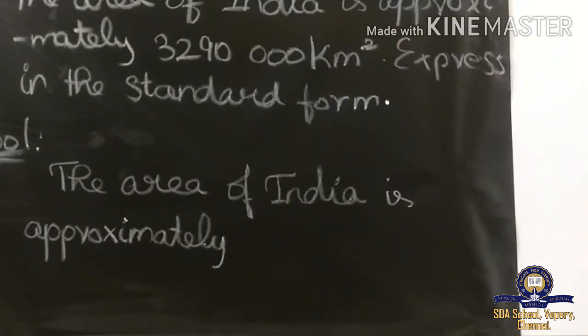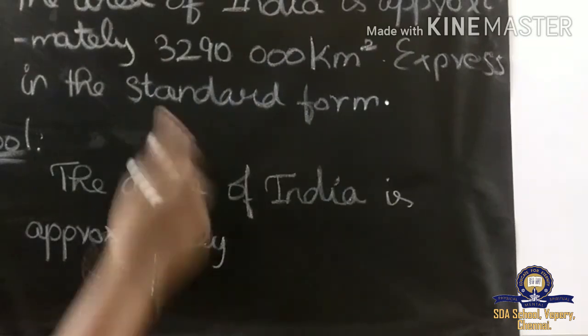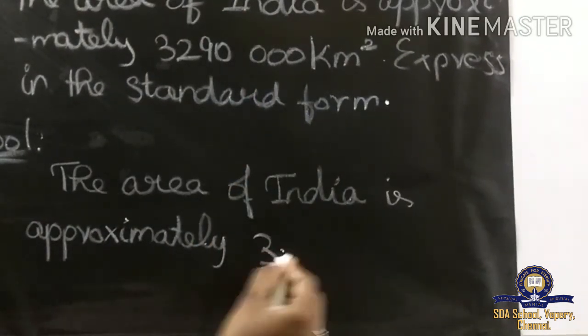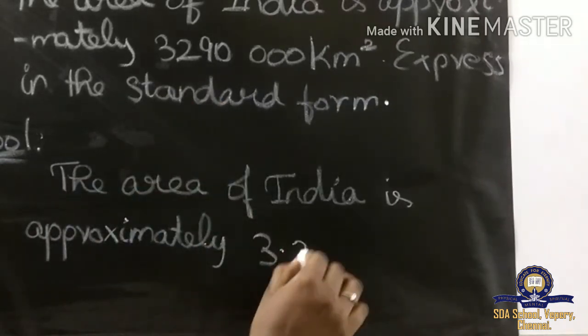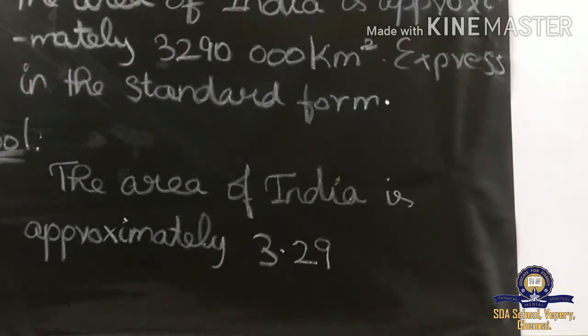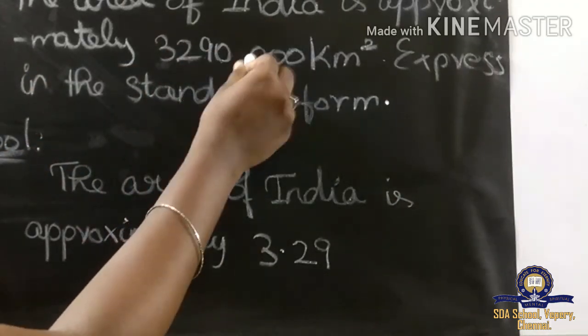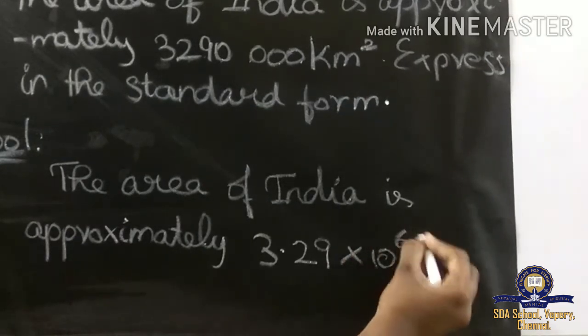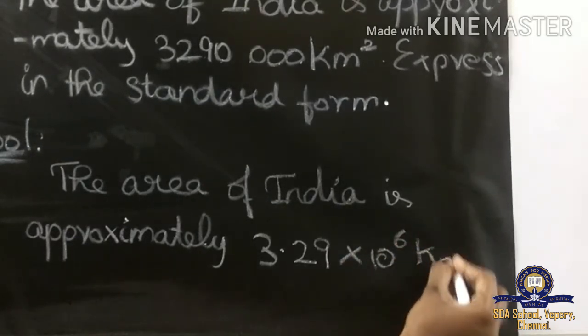The area of India is approximately, here we are going to put a decimal point after one digit, 3.29. After the decimal point, how many digits are there? 1, 2, 3, 4, 5, 6. So into 10 power 6 kilometer square.